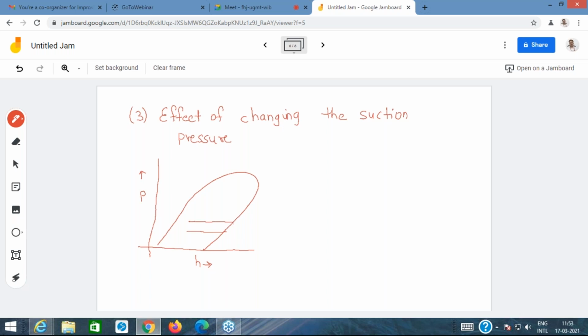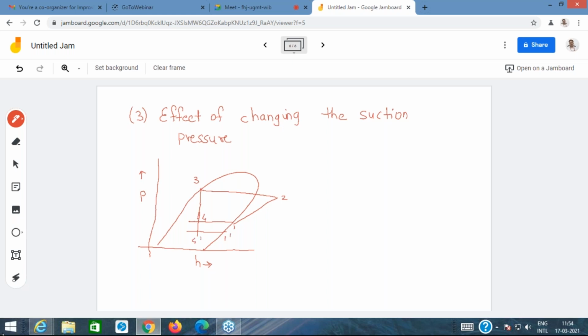So let us say that earlier this was the cycle, and now it has changed to 1 dash.